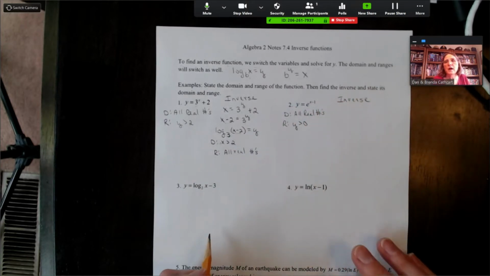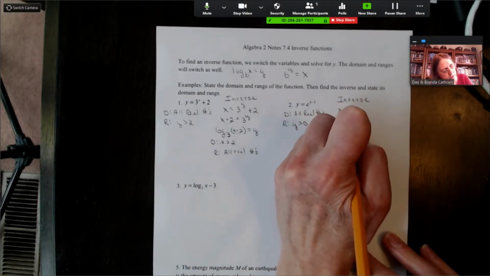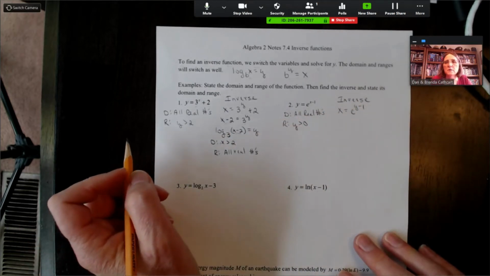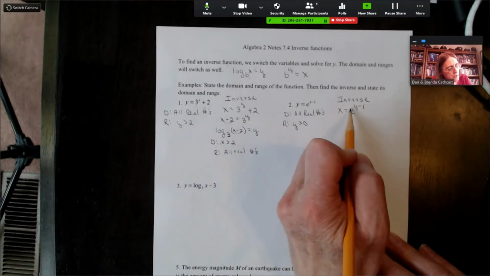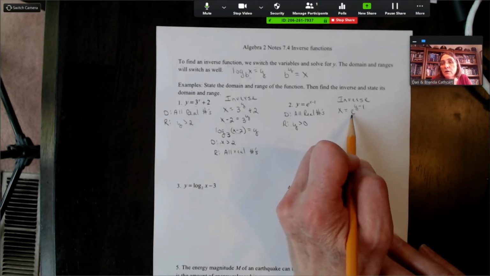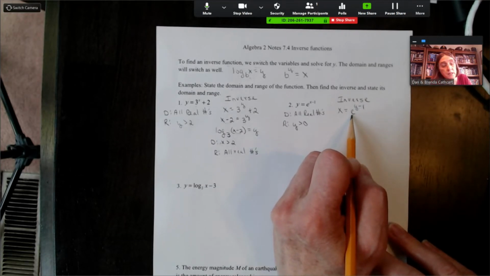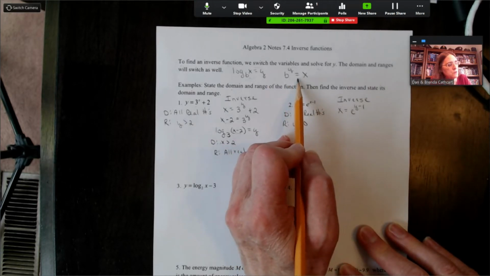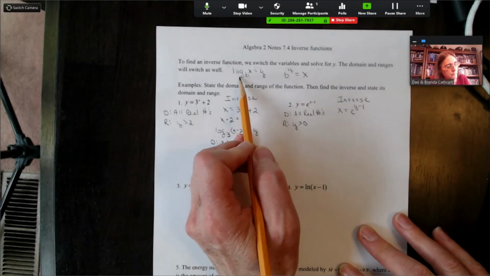Let's switch x and y. We get x equals e raised to the power of y minus 1. The term y minus 1 is an exponent with a base of e. So we are ready to go from exponential form to log form.